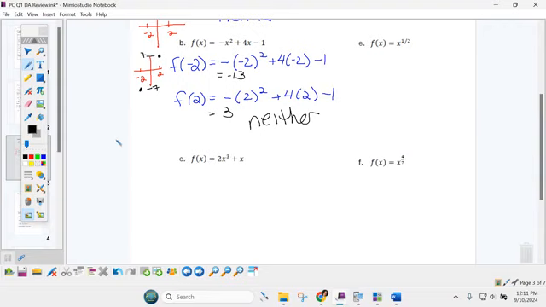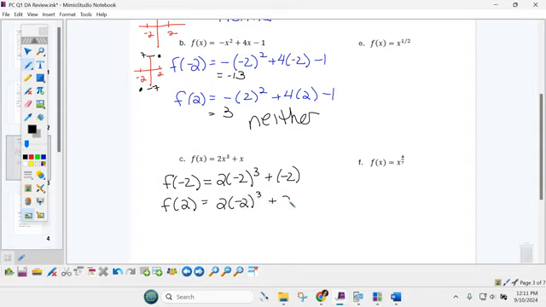So you pick your favorite method. I'll do the numbers again for C. If you prefer the x's, you can do the x's. So I'm replacing every x. And I'm just choosing negative 2 and positive 2 because, I don't know, I like 2.